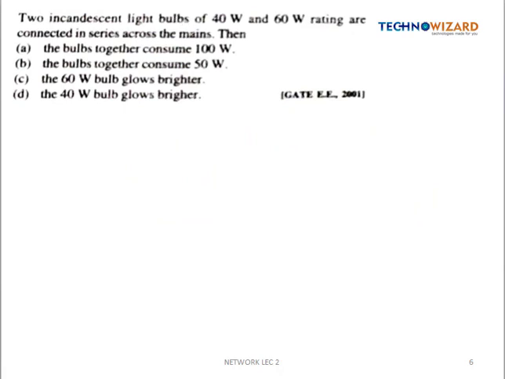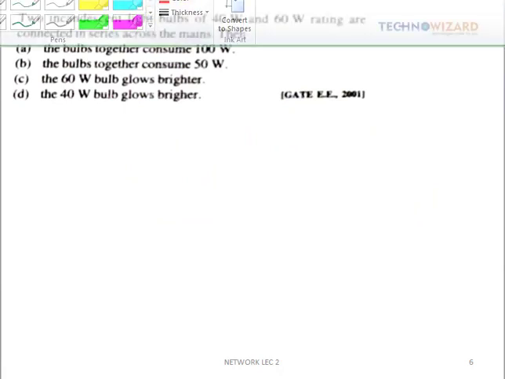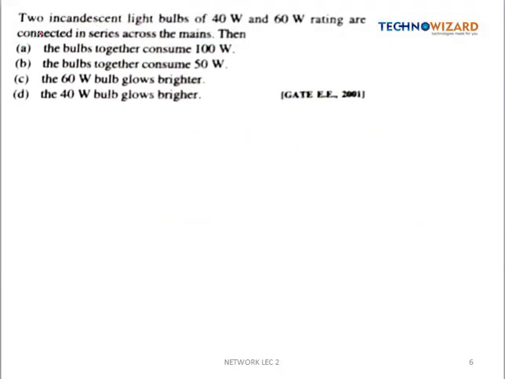Okay, so the next question is: two incandescent light bulbs of 40 watt and 60 watt ratings are connected in series across the mains, then the bulbs together consume 100 watt? Okay, so the 40 watt and 60 watt bulbs are connected in series, right?